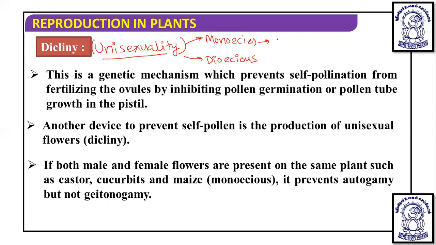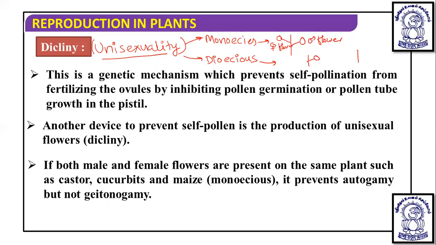So if these two types of unisexual flowers are present in the same plant, it is a monoecious condition. Suppose this is a plant, and this is one male flower, and this is one female flower, and this is another female flower. Then it is monoecious. But in dioecious, the male plant is different, the female plant is different.